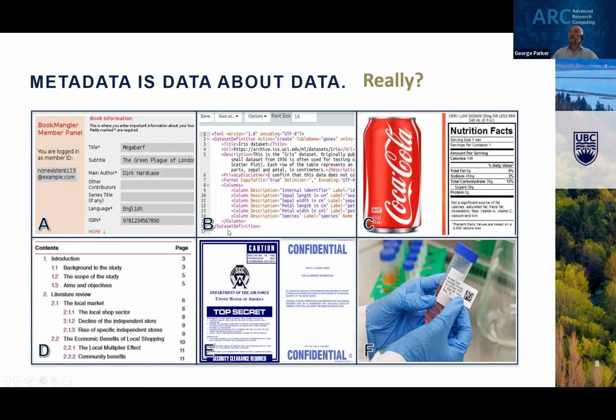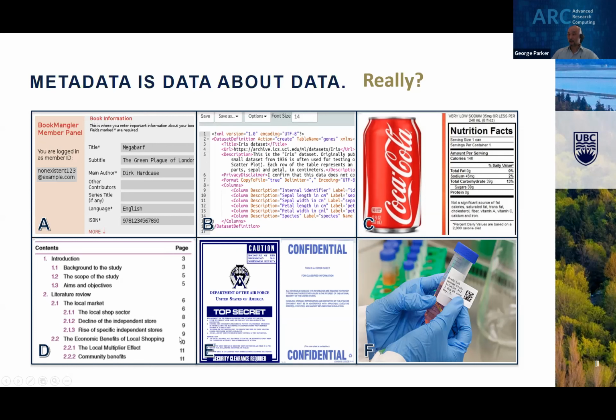And B is a snippet of an XML file, which states the title for the dataset and URL to the dataset, description of this dataset, and some privacy statement, and some data columns information. C is nutrition facts of Coca-Cola.